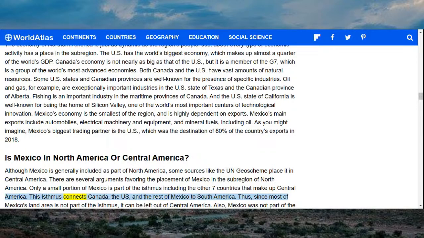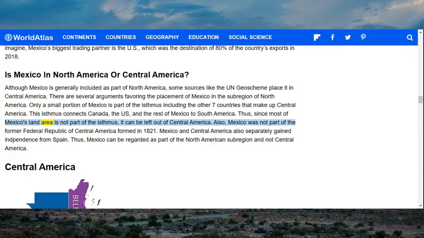This isthmus connects Canada, the US, and the rest of Mexico to South America. Thus, since most of Mexico's land area is not part of the isthmus, it can be left out of Central America. Also, Mexico was not part of the former Federal Republic of Central America formed in 1821.